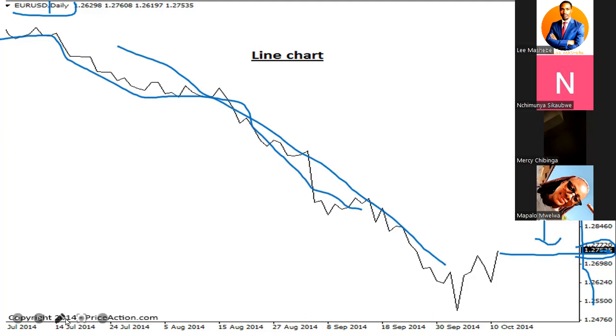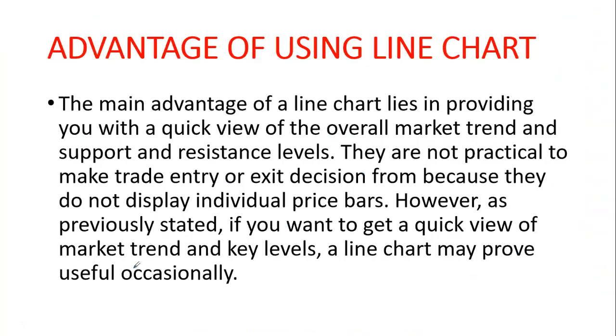If you have understood about the line chart, can I have some 333 in the chat box, so that I know that people are following? Some 33 in the chat box, if you have gotten what I've said.